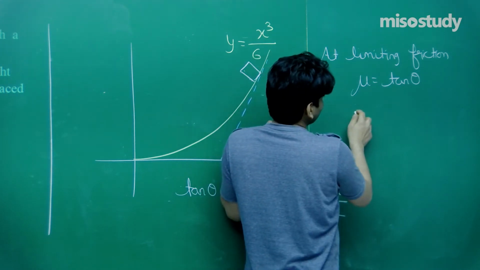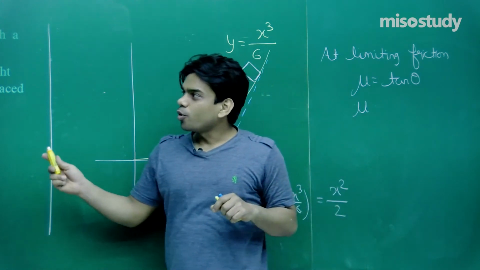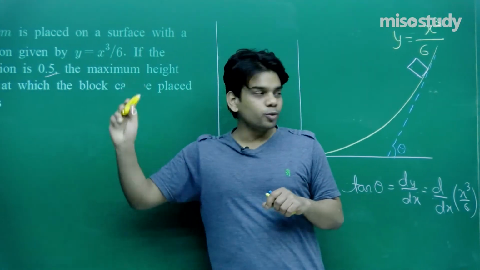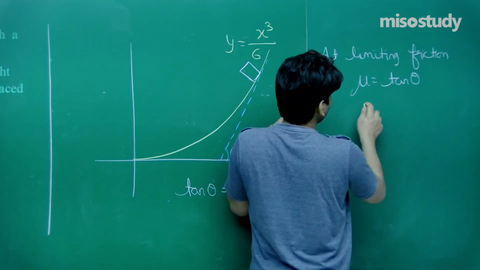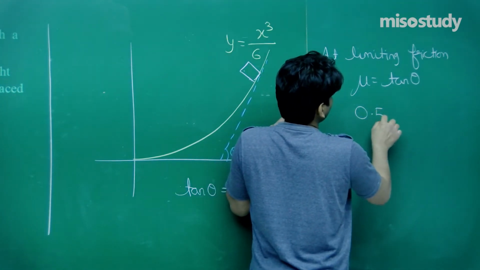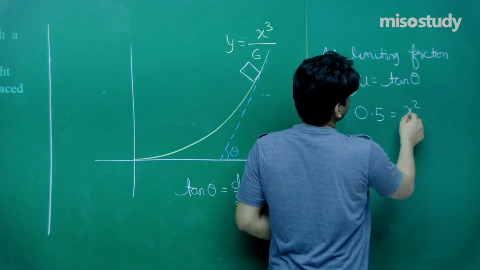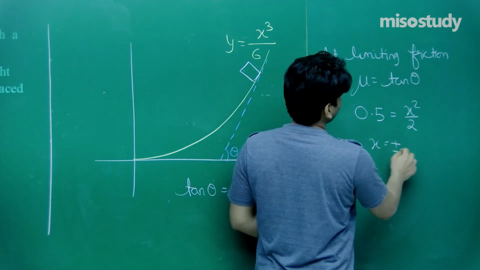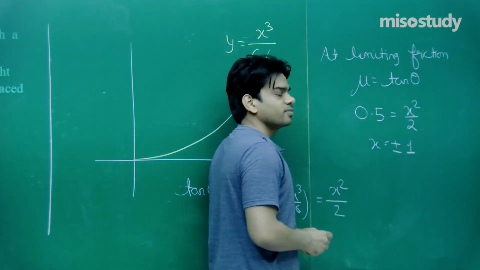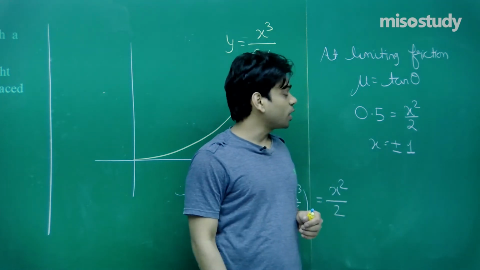So mu, that is given as 0.5, I'm going to put mu as 0.5. So I will be writing tan theta is equal to x squared by 2. From here you see x squared is 2 into 0.5, that will give you 1, so x will come out to be plus minus 1.